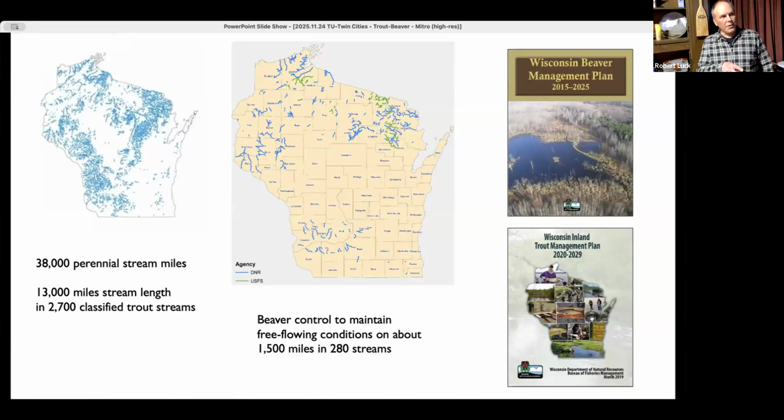The map in the center shows the distribution of our beaver control streams. As part of trout management in the state, trout managers in the different counties have the option of having beaver control in their streams if they deem it necessary. This involves roughly 1,500 miles of streams, a small percentage of our trout streams in the state.